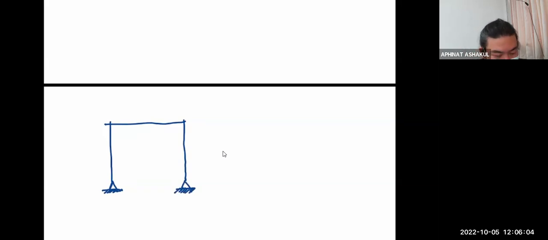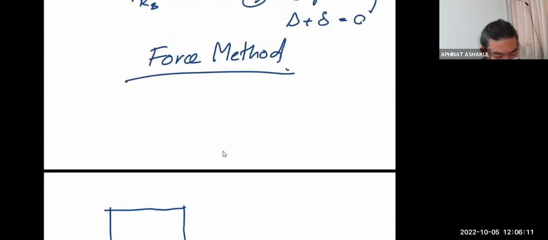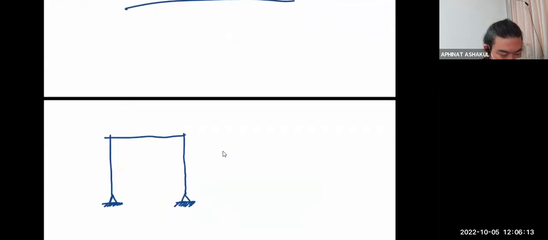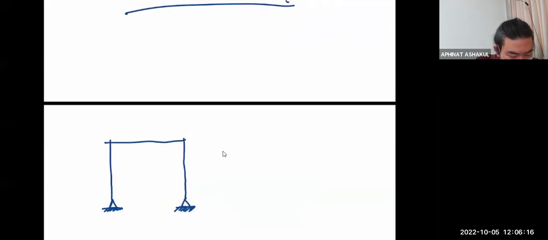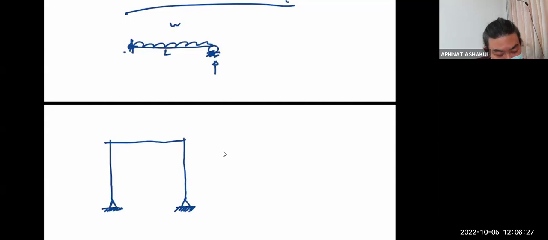Okay, and now you see, after the one calculation that we've done, say this is W, this is L. From the calculation, it shows that this reaction is 3/8 WL, and this is 5/8 then, right?